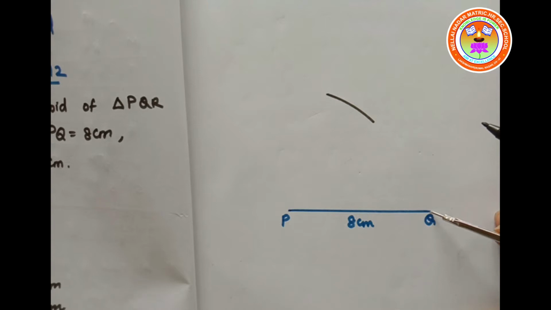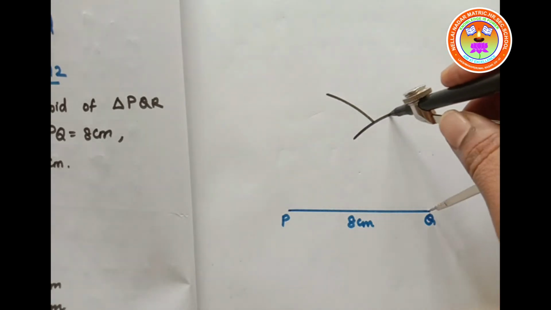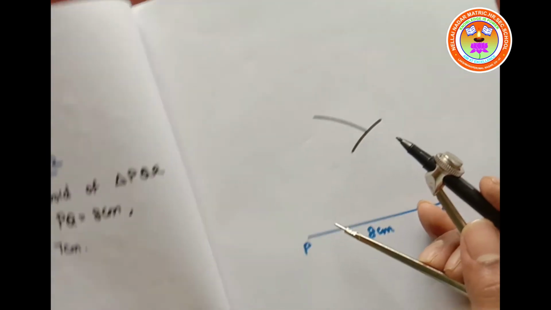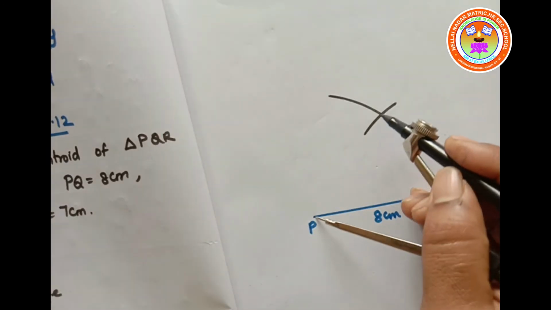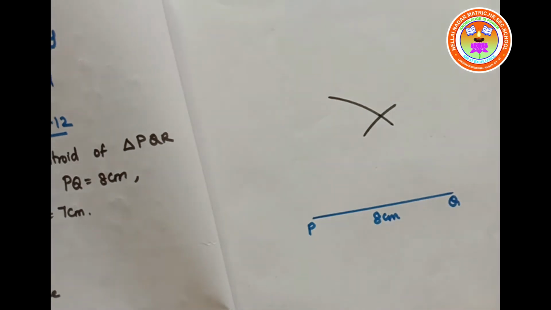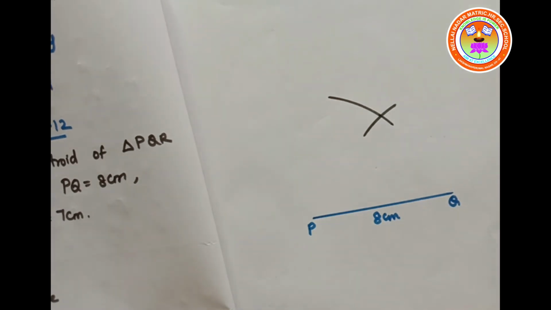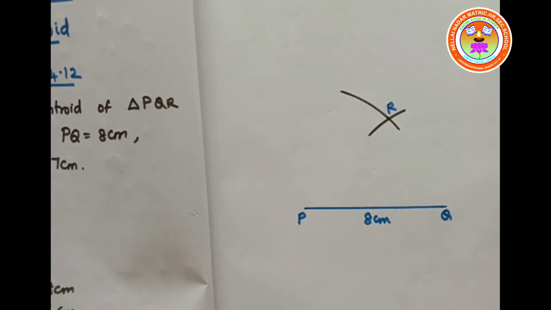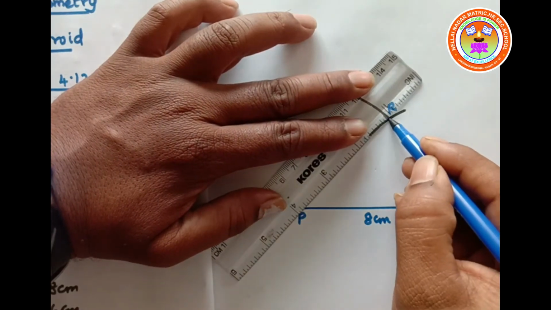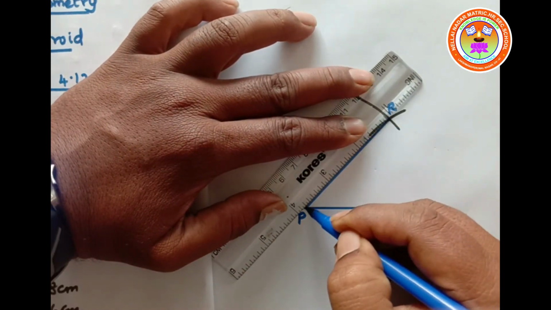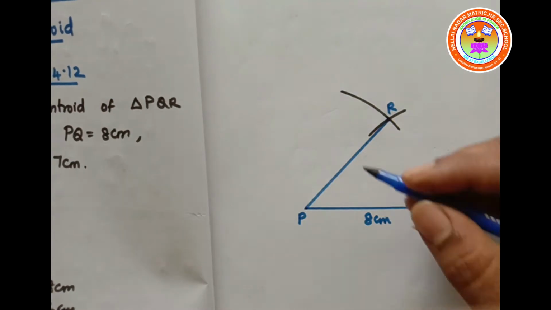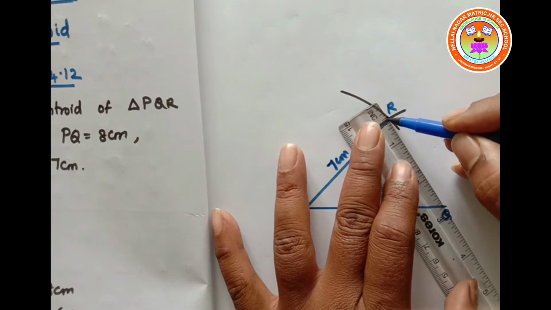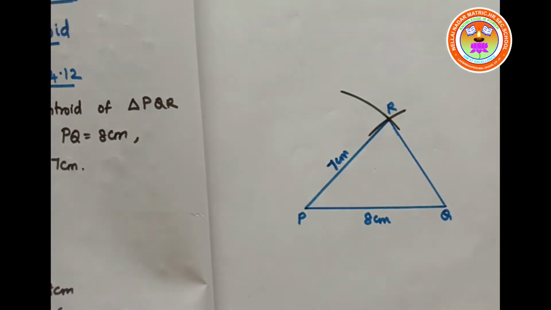From Q to R radius is what? 6 centimeters. Now this point is R. Join PR. Write 7 centimeters for PR and 6 centimeters for RQ.